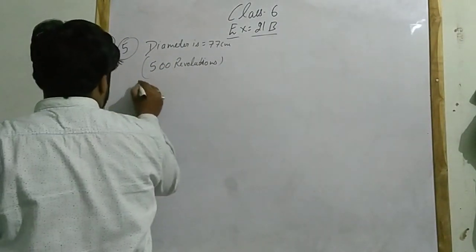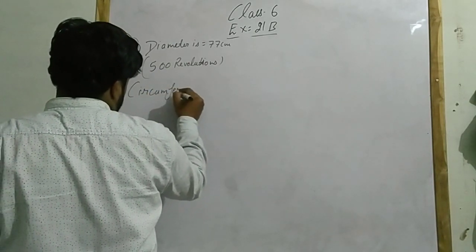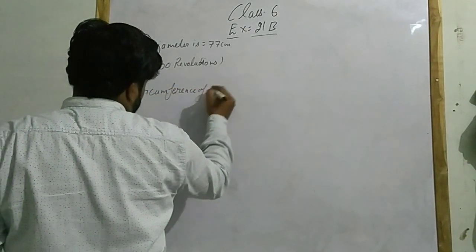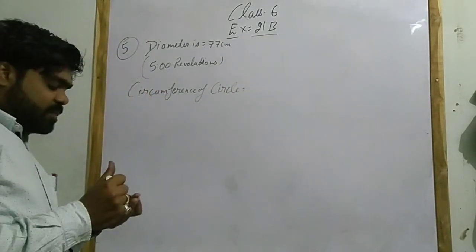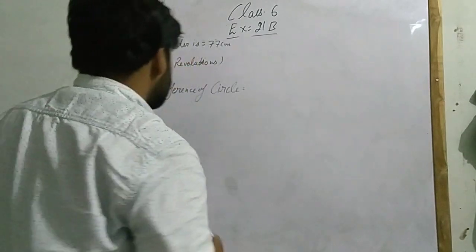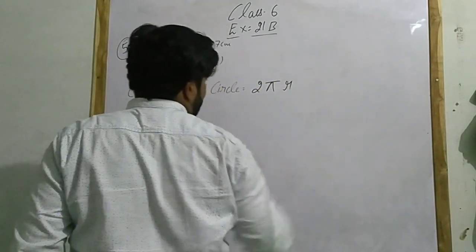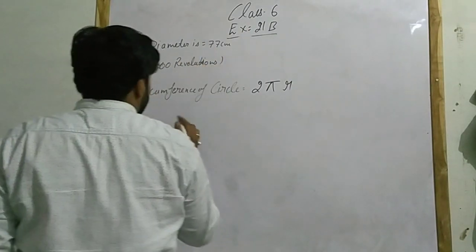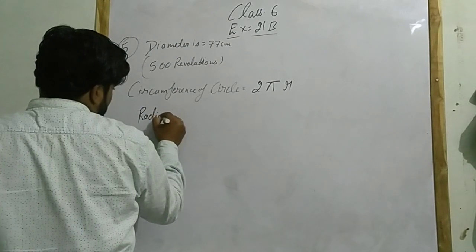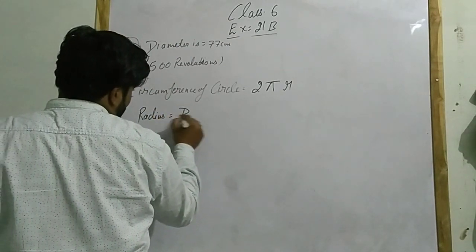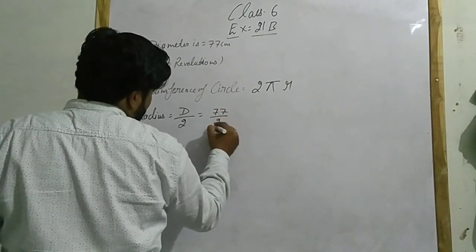Now circumference of a circle is 2 pi r, right? And here the diameter is given, so radius equals d upon 2, means 77 upon 2.